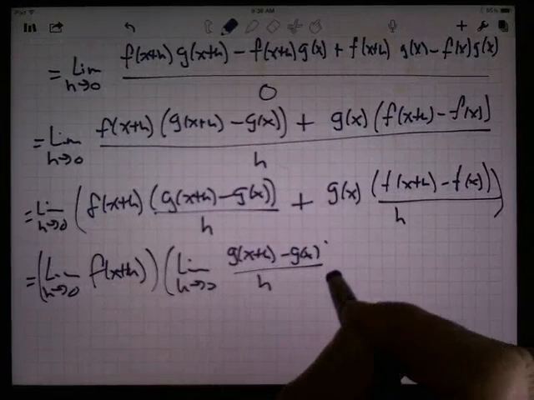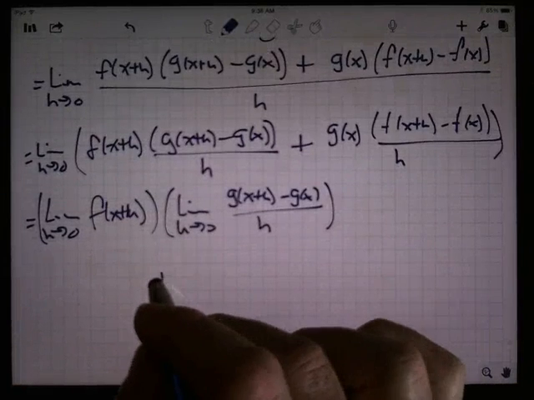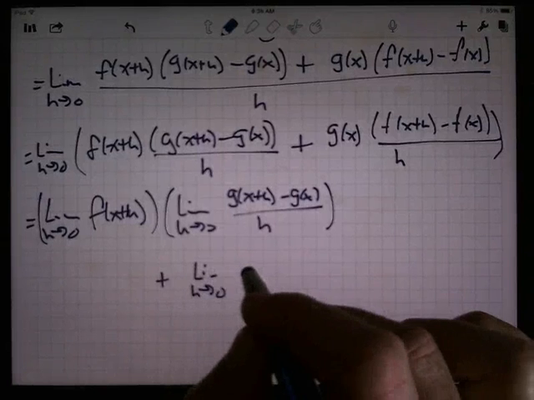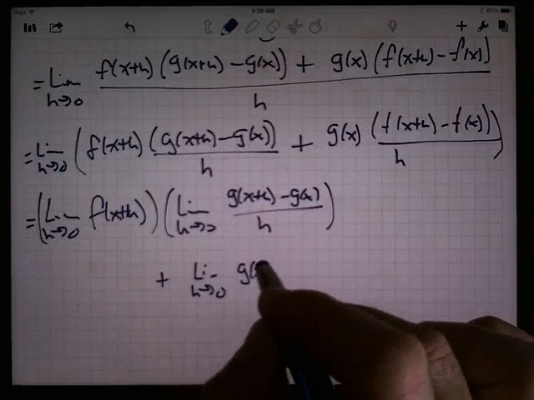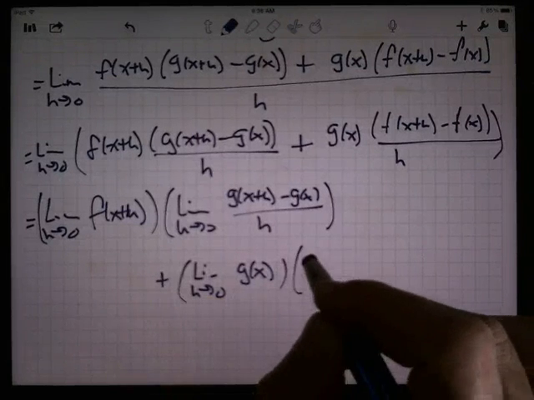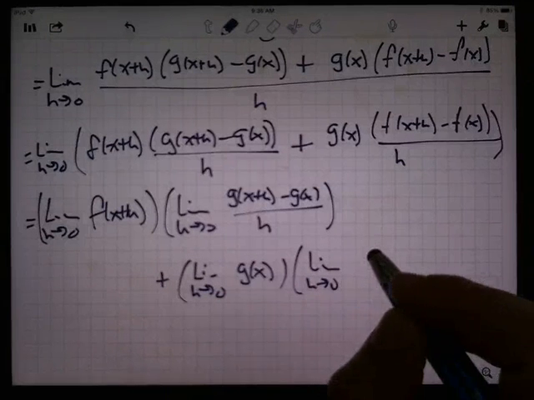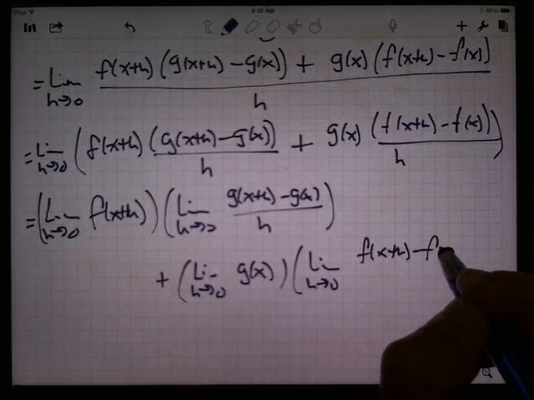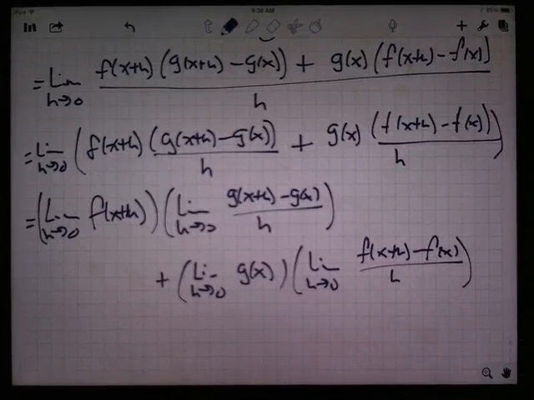I'm hoping that might look familiar. Plus the limit as h goes to 0 of g of x times the limit as h goes to 0 of f of x plus h minus f of x all over h. Yay!